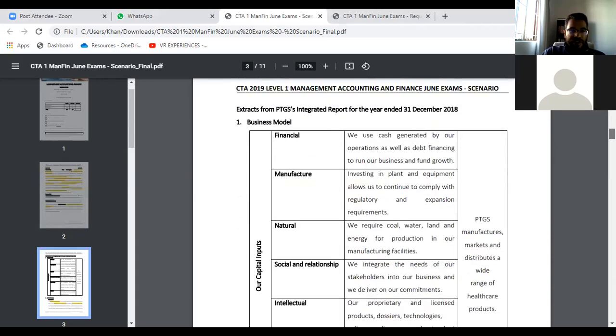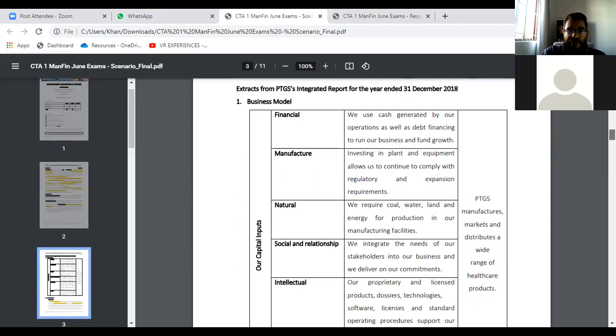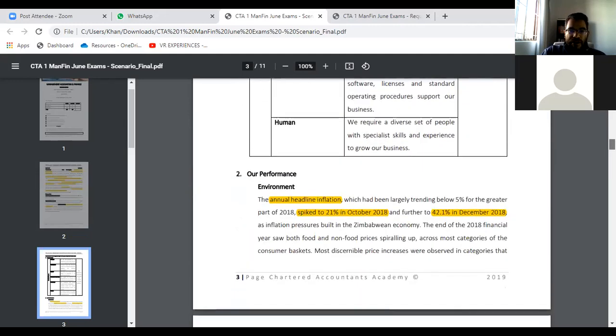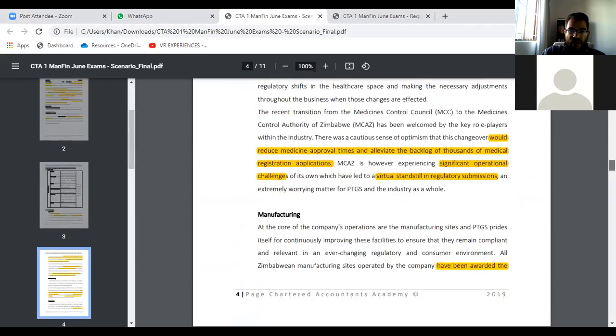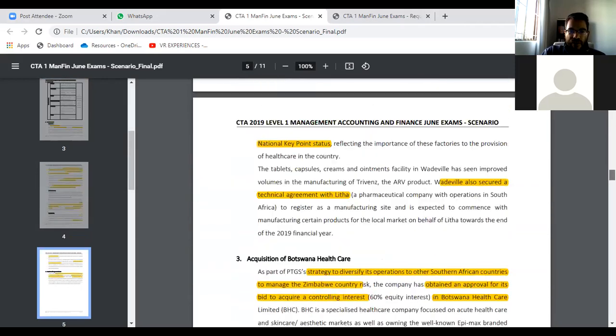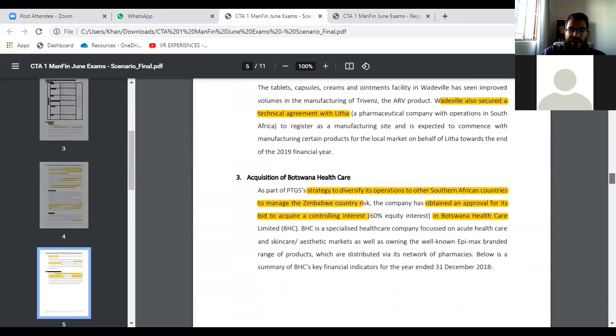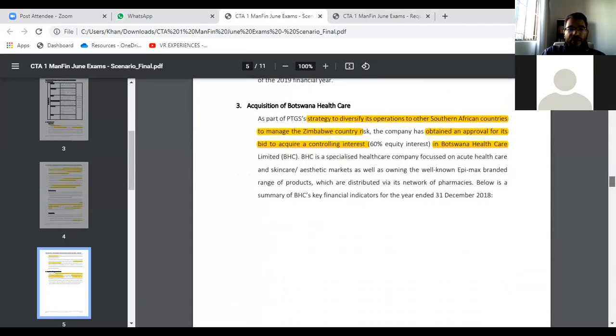If you read any annual report, at least here in South Africa, then you would have this business model. They will talk about these types of information, industry overviews, all of that you will kind of have an idea about. Then they ask you for part three, acquisition of Botswana healthcare.